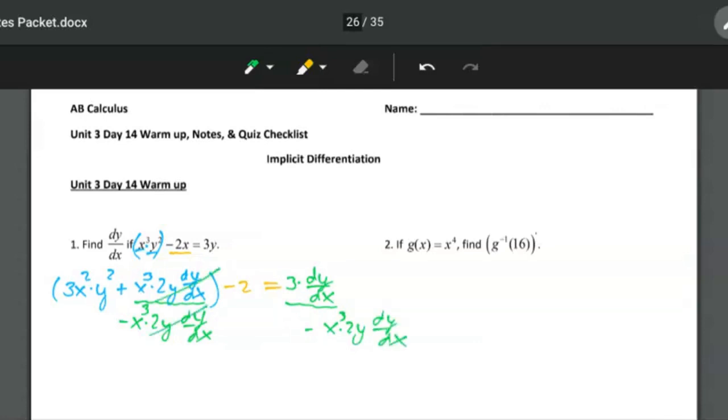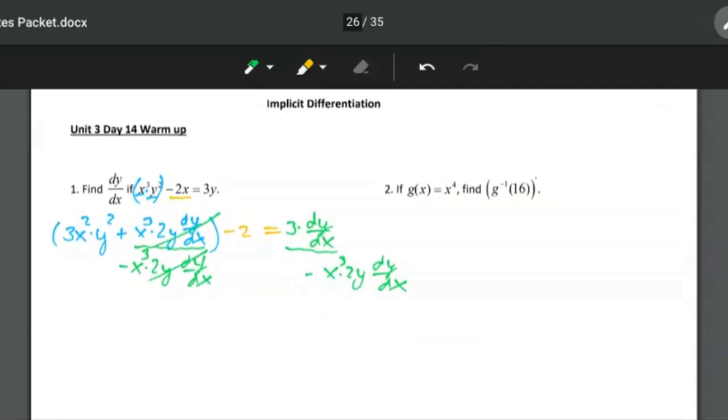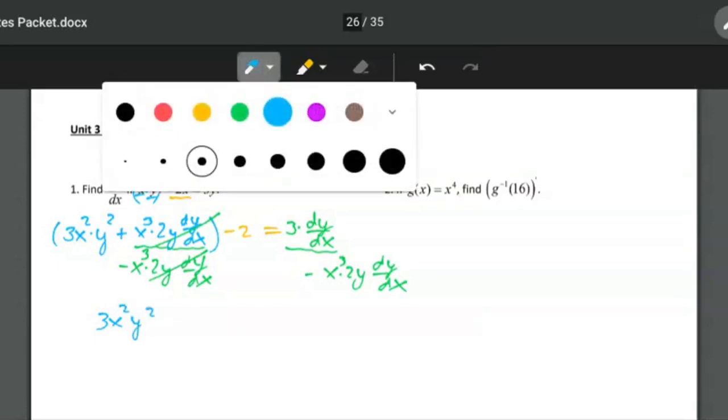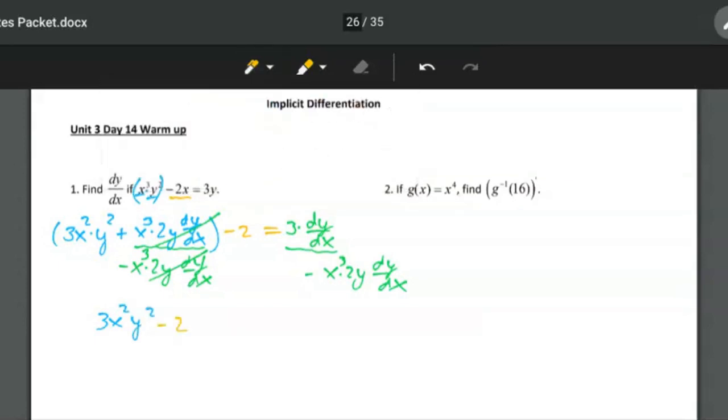So these cancel. All right, and we are left with 3x squared y squared minus 2 equals, on the other side, our two terms, they both involve dy dx.